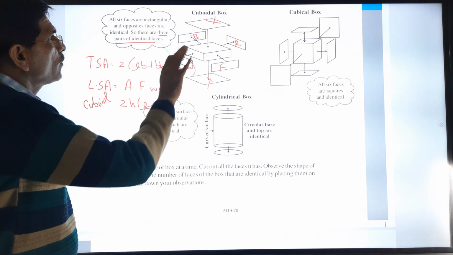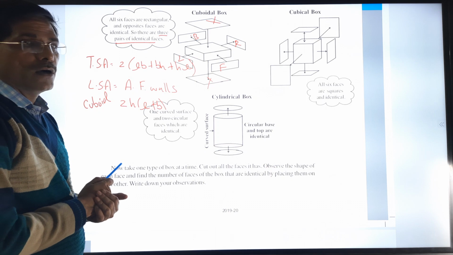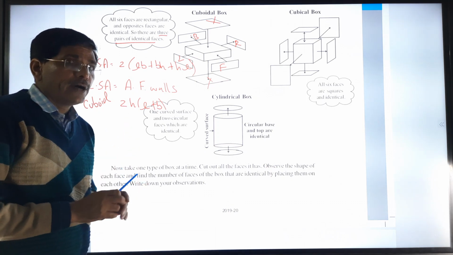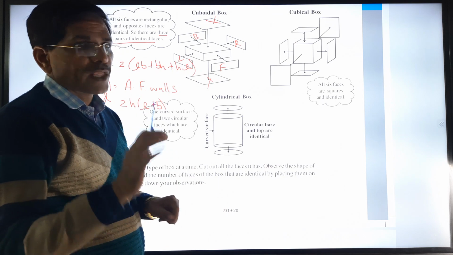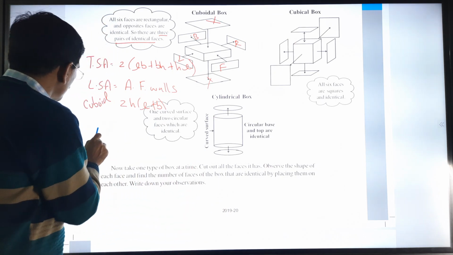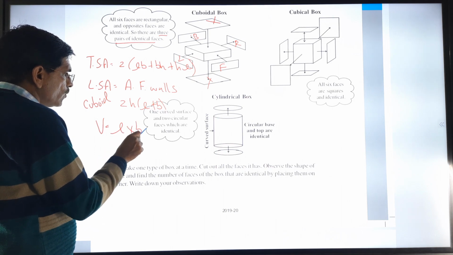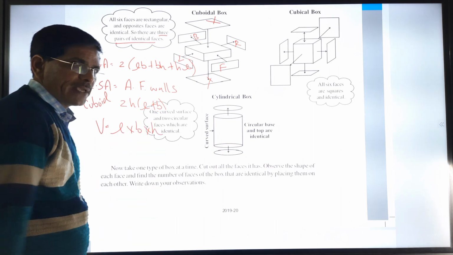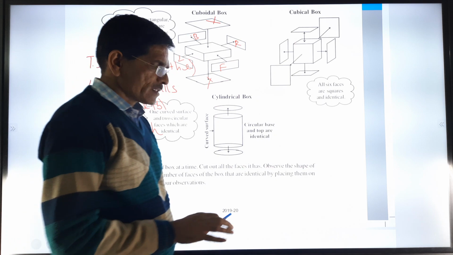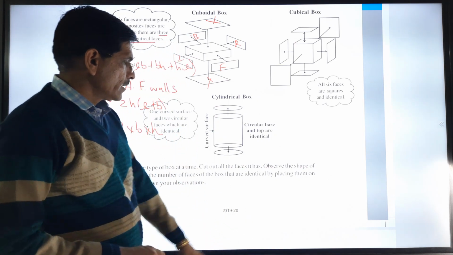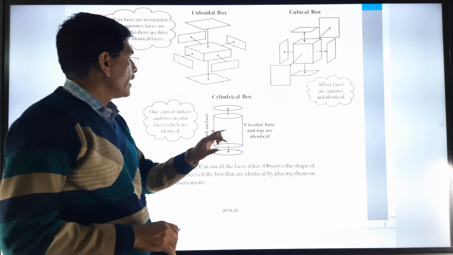Now we go for the cubical box. We are discussing only area, not volume. If I want to find the volume of a cuboid, then I can write L into B into H, which occupies space, but let me discuss that later on. Today we are discussing only the area.